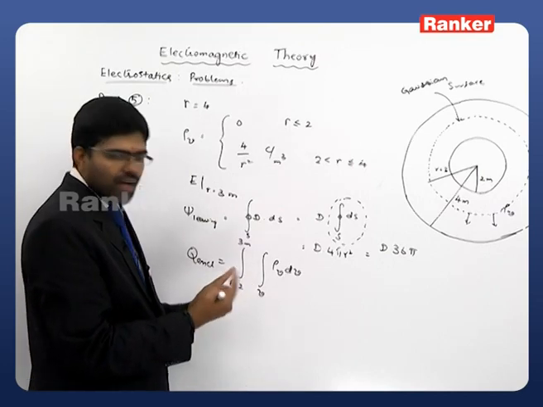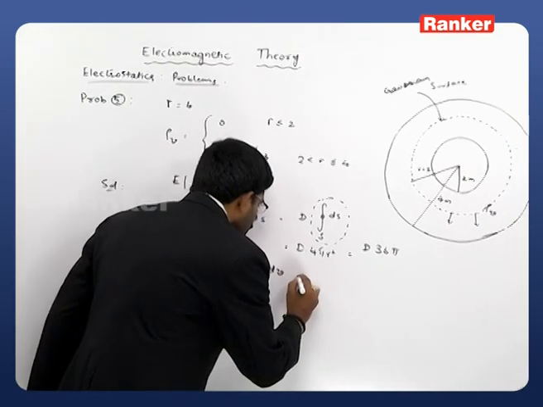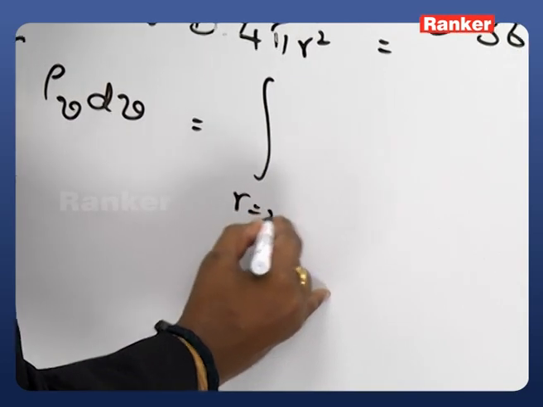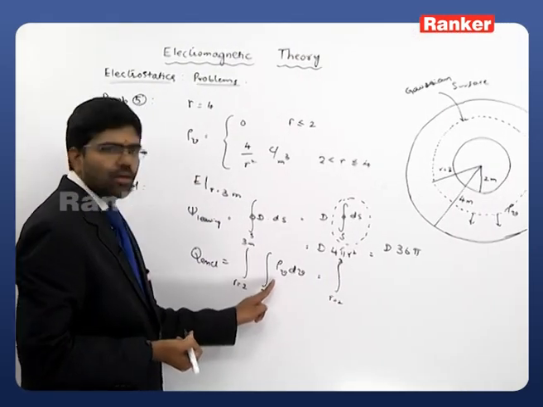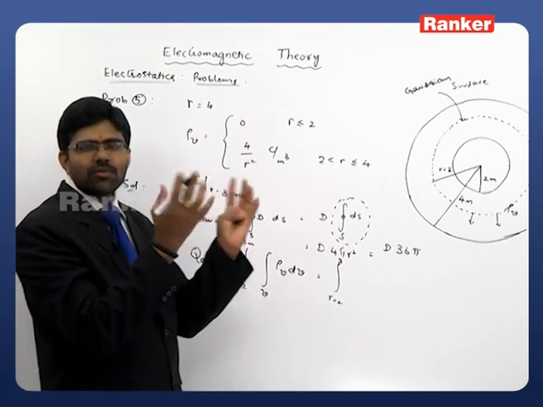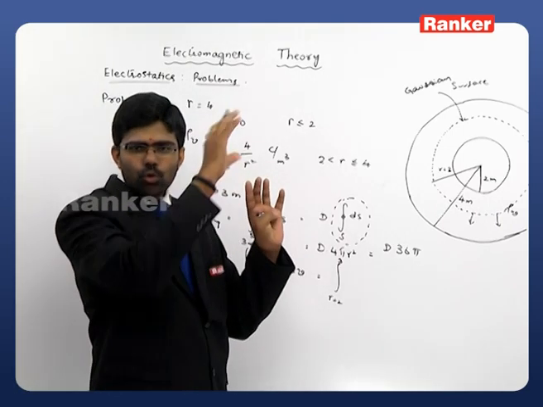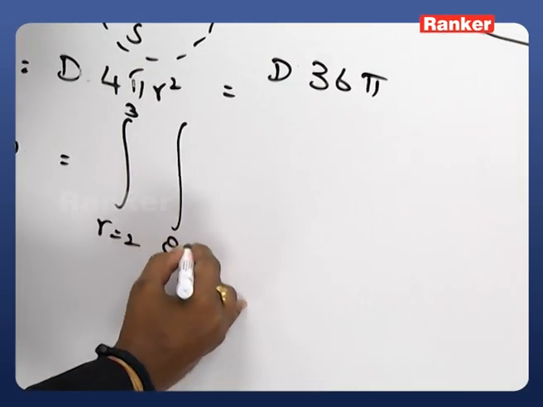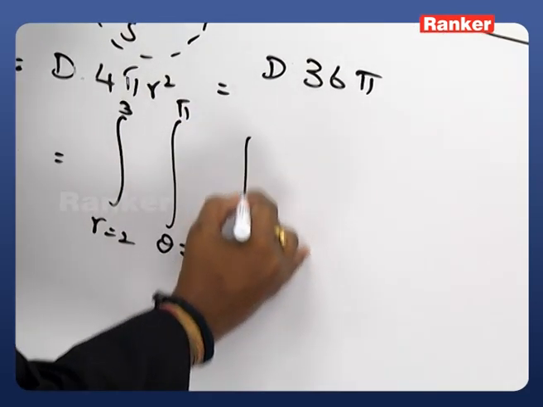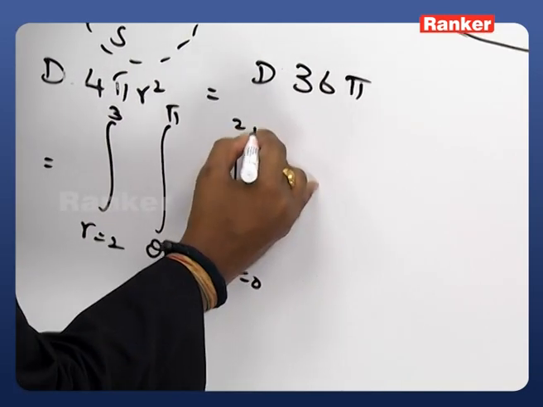Now substitute: r is from 2 to 3 meter, and write down the remaining two limits also. Theta is from 0 to pi and phi is from 0 to 2 pi.